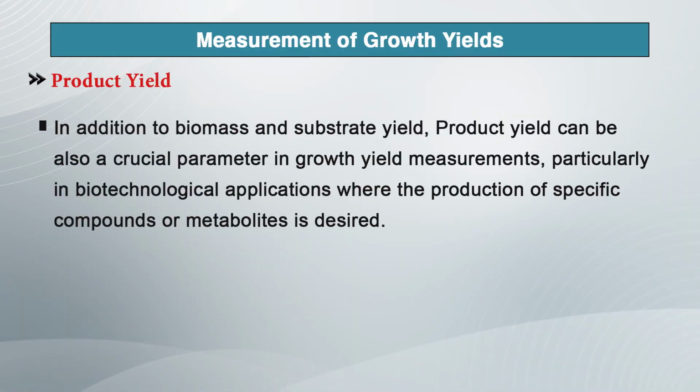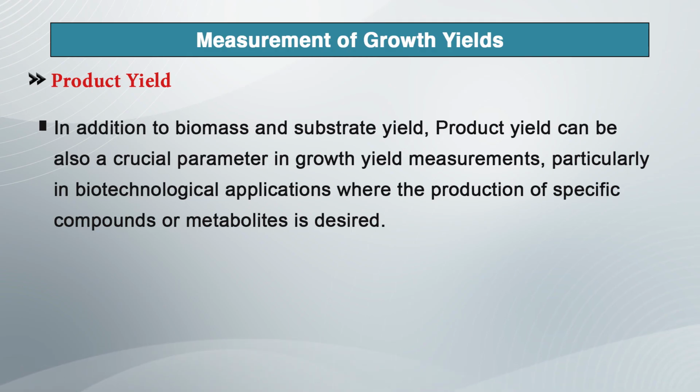In addition to biomass and substrate yield, product yield can also be a crucial parameter in growth yield measurement, particularly in biotechnological applications when the production of a specific compound or metabolite is desired.